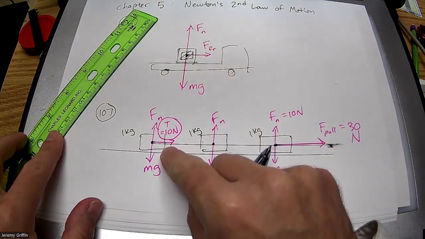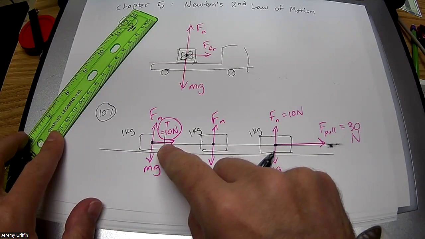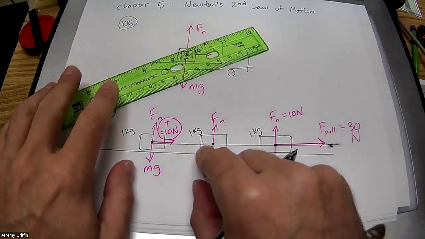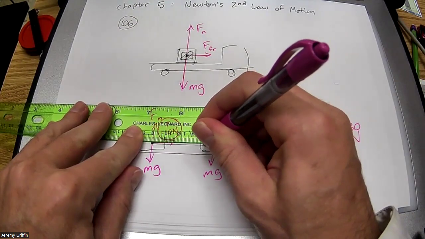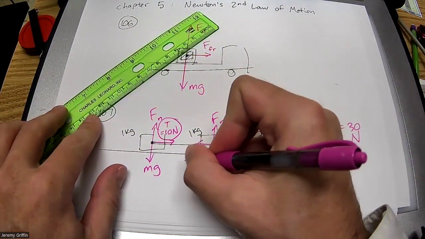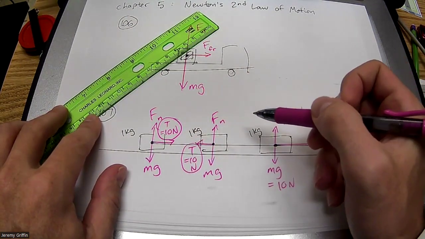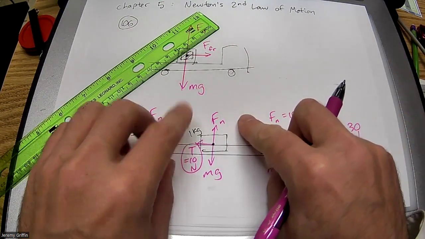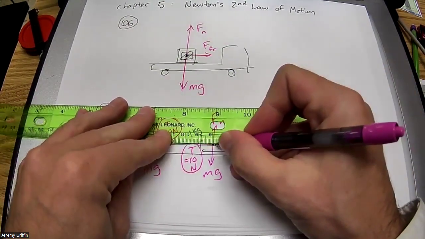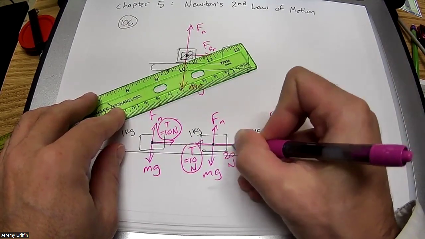There's that tension, right? Is that true? Guys, if it's 10 newtons pulling this one to the right, is it the same tension pulling this one to the left? Is there one tension in that rope? That one's also 10 newtons. Tension equals 10 newtons. That'd also be true, right? But hang on a minute. This block is 20 newtons right here.